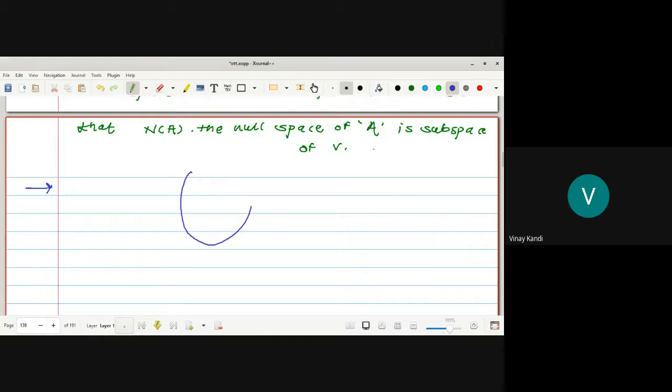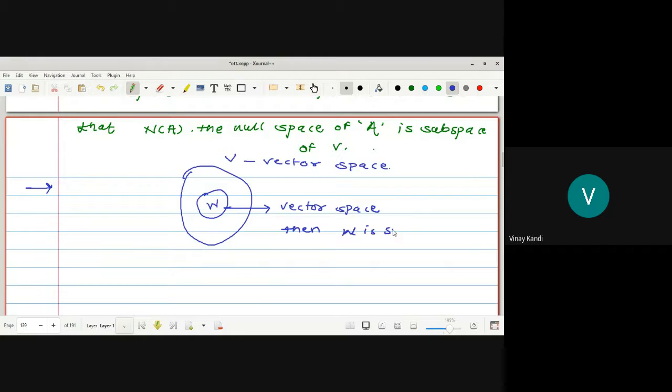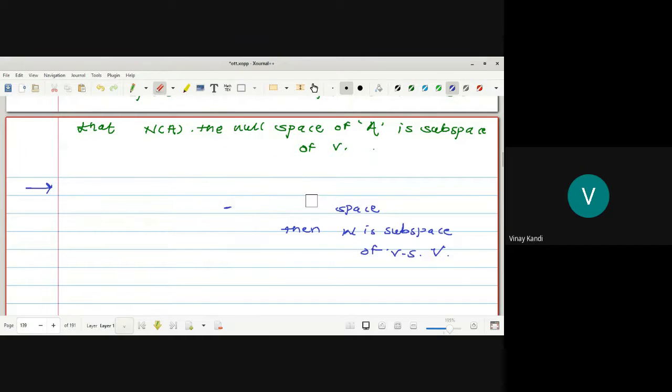Suppose this is V, the vector space, and this is W, which is a subset of V and itself a vector space. Then W is a subspace of the vector space V. So this is the definition of a subspace.